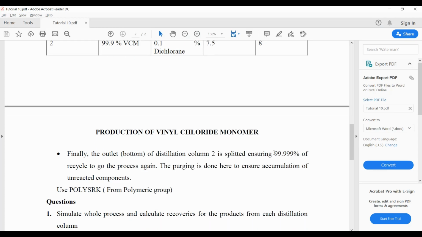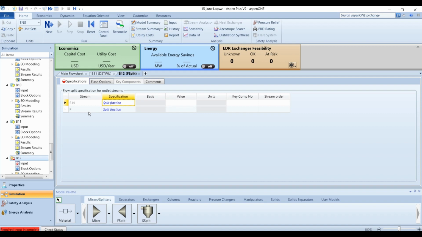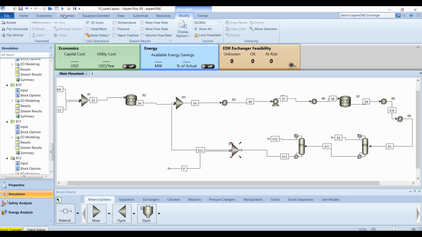Now what are the fractions? 99.999% of recycle is to go to the process again. So I will click here. S4P is the purge, S14 is the recycle, so it is 0.99999. Okay, that's it. We will close everything and we will run again.